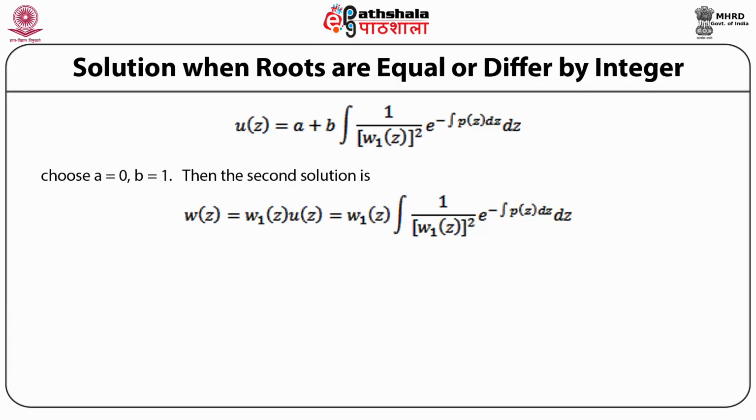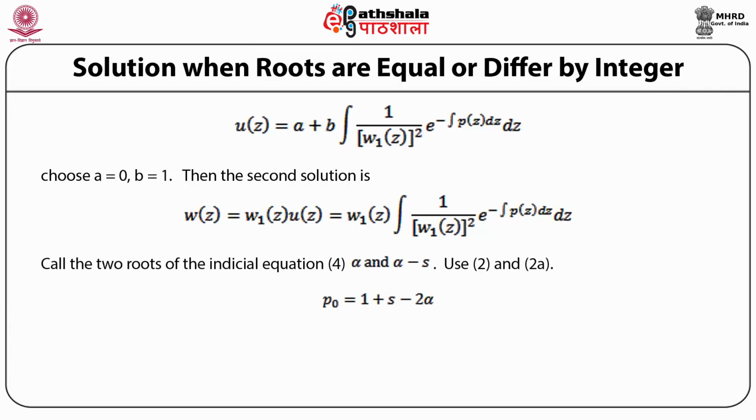Hence, the second solution to our differential equation is w(z) = w1(z) · u(z), which is in turn equal to w1(z) · ∫ 1/w1(z)² · e^(−∫p(z) dz).